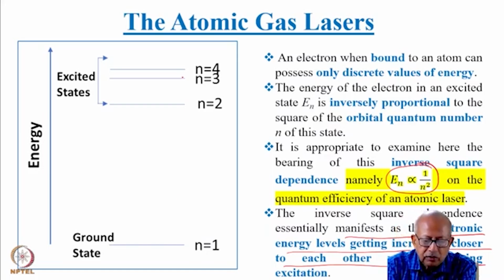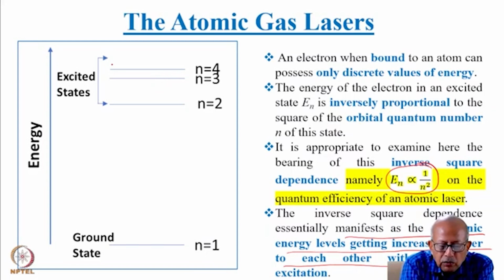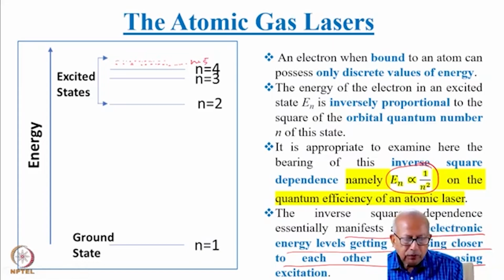As the excitation increases, the energy levels come closer and closer. So n equal to 5 will be even closer to n equal to 4, and n equal to 6 will be even closer, and so on. So how does this reflect on the quantum efficiency of a gas laser?